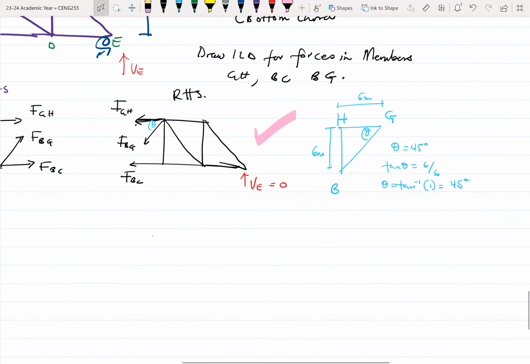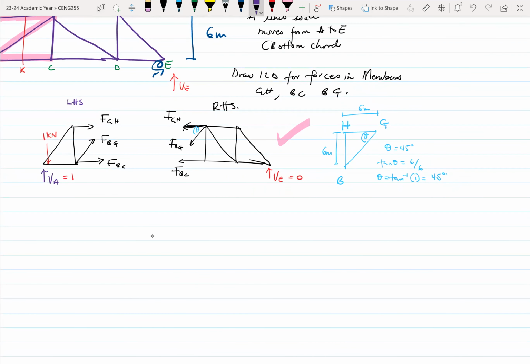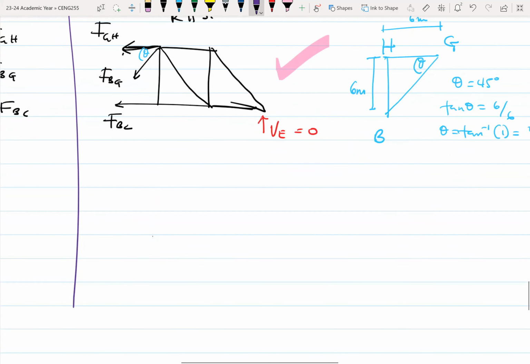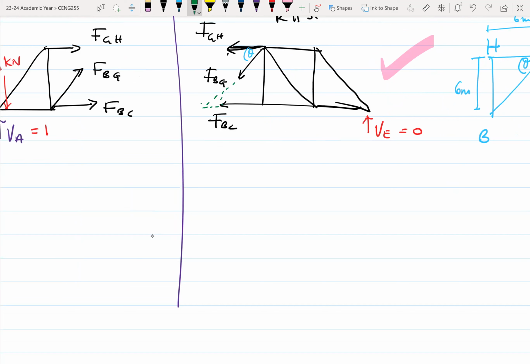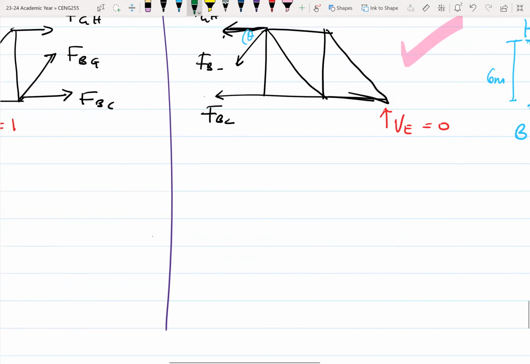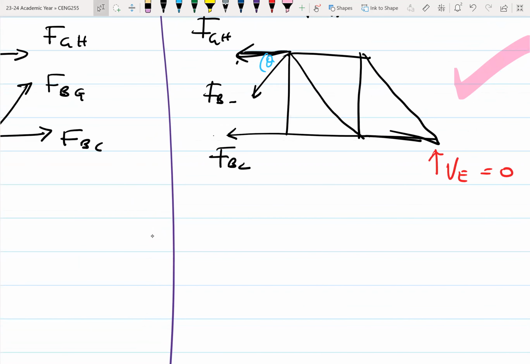If we are dealing with the right-hand side only, then we take moment about a point. Normally, you have two options. If you extrapolate the system here, the right-hand side is more or less the part that we cut away so we don't see it.